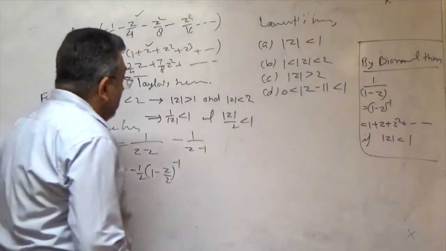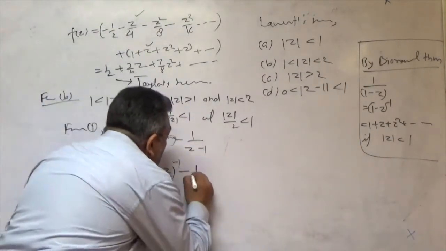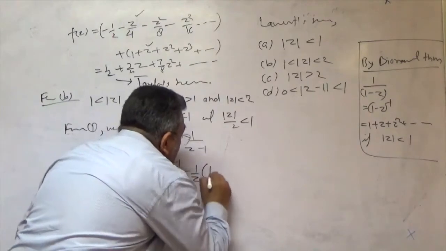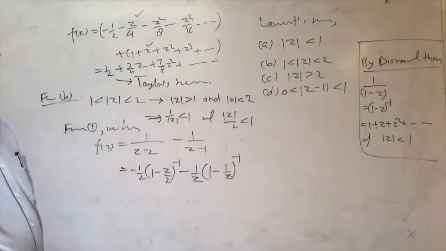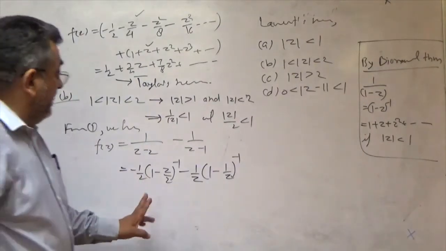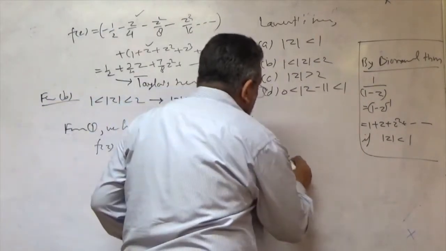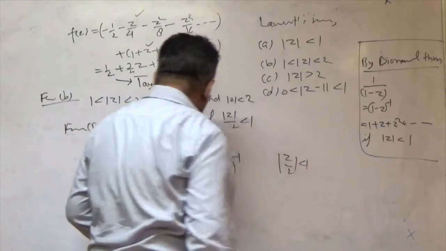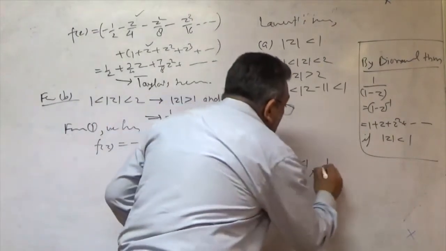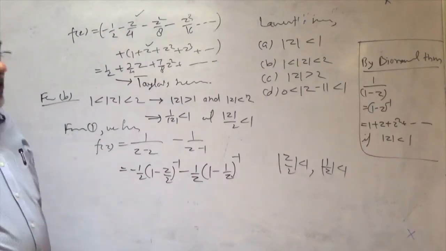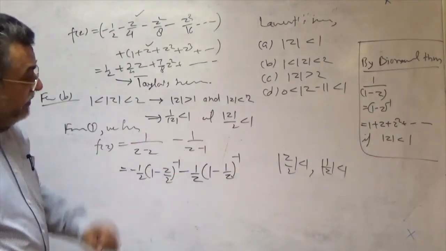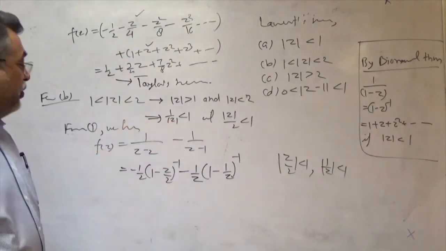And here, 1 upon z, so we have to common 1 upon z, then (1 minus 1 by z) to power minus 1. Again, similarly, we have mod z less than 1 and 1 upon mod z is less than 1. Both common ratios are less than 1. So, we can use binomial theorem.